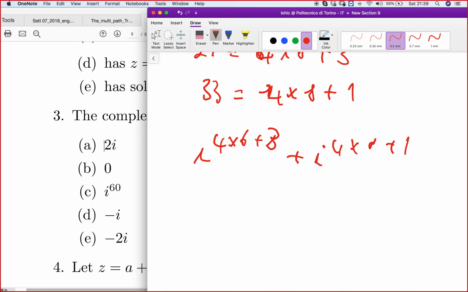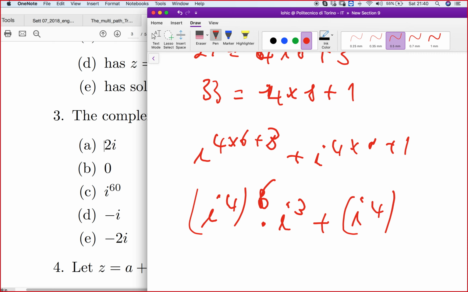Using the property of powers, this is going to be i to the power 4 all to the power 6, which gives i to the power 4 times 6, multiplied by i cubed. Is that clear? Plus i to the power 4 all to the power 8, multiplied by i.